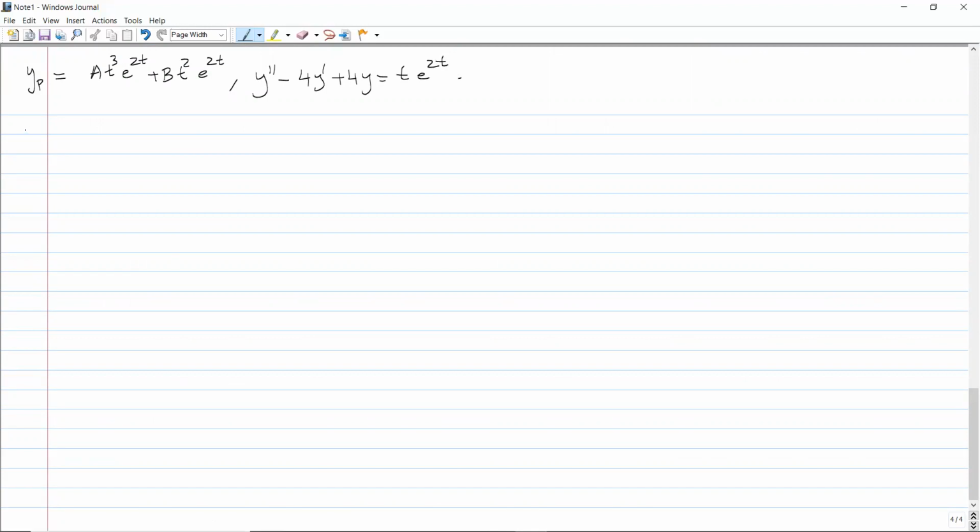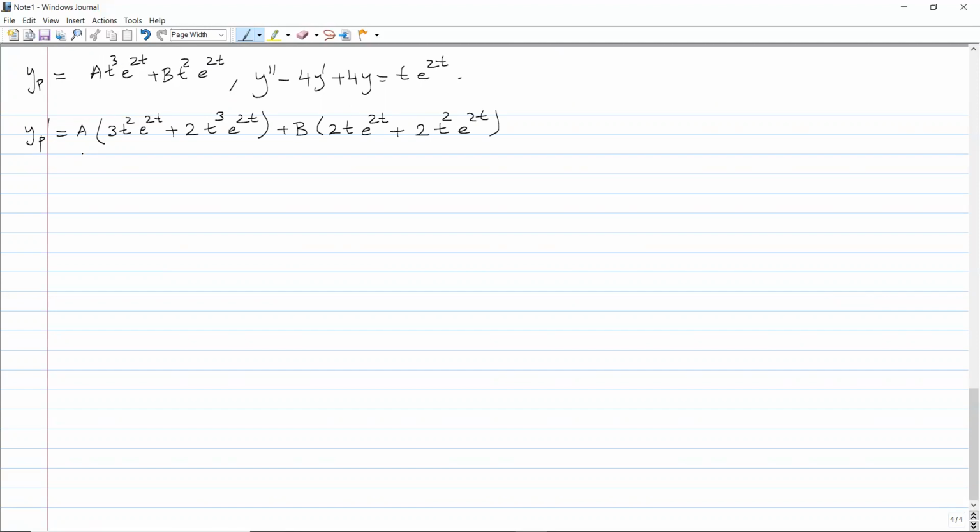All right. So we take the first derivative of this particular solution, a times product rule. Derivative of t cubed is 3t squared e to the 2t plus derivative of e to the 2t is 2 times, but we also have the function t cubed, plus b times derivative of t squared is 2t e to the 2t plus derivative of e to the 2t, so 2 t squared e to the 2t.